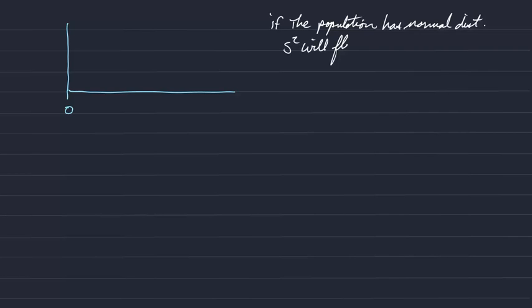And it turns out that if the population has a normal distribution, S squared will follow a chi-squared distribution.